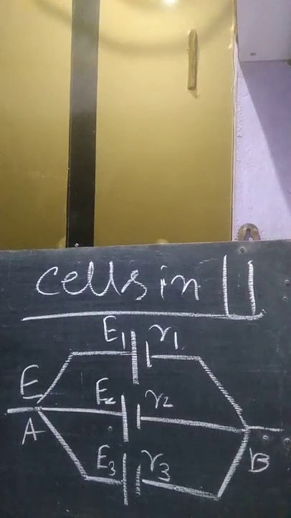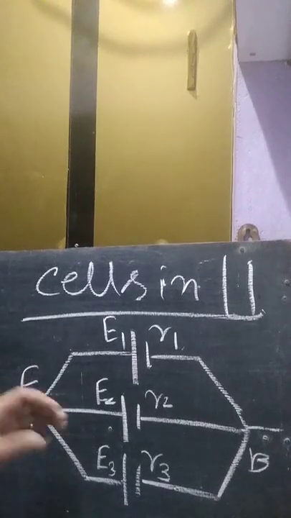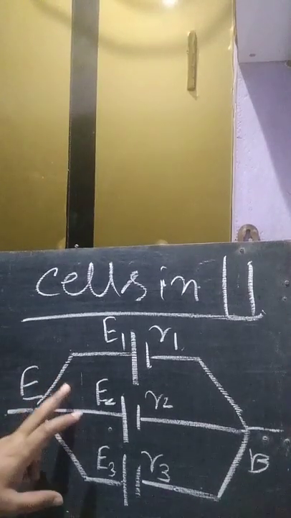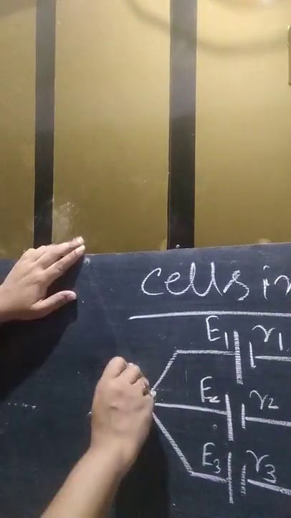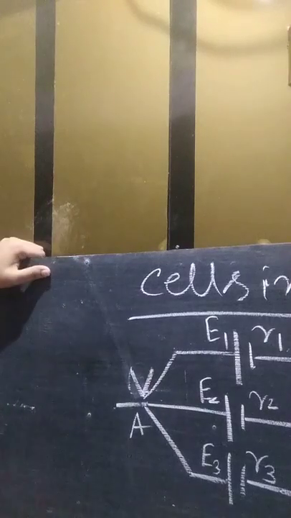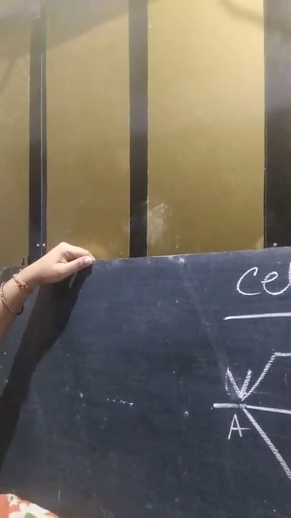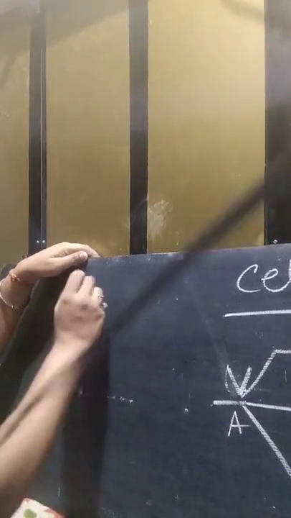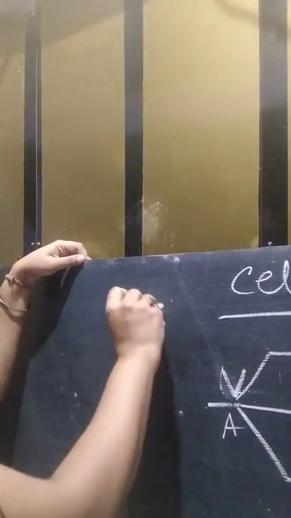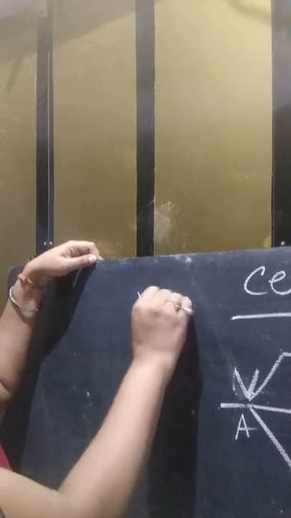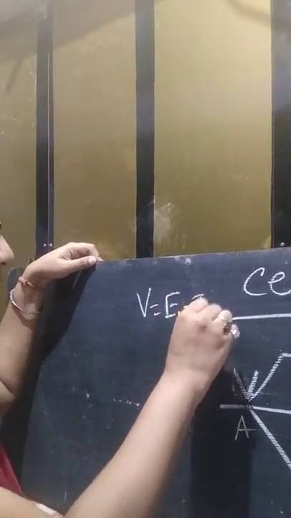Okay. Now the condition is that the potential difference across this part, in general, will be V equal to E1 minus I1 R1.